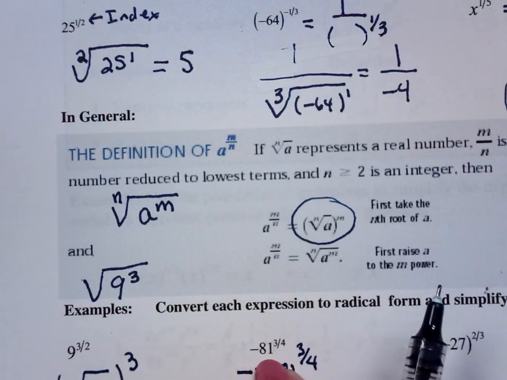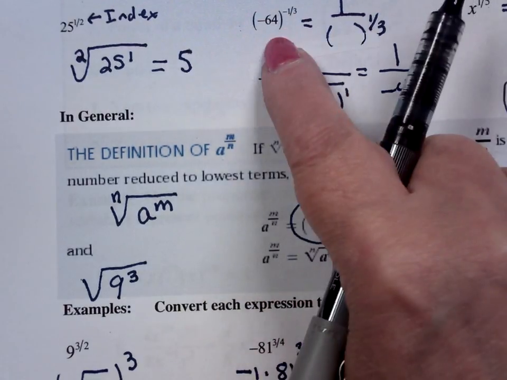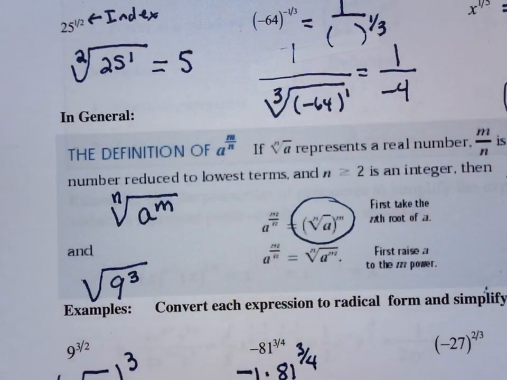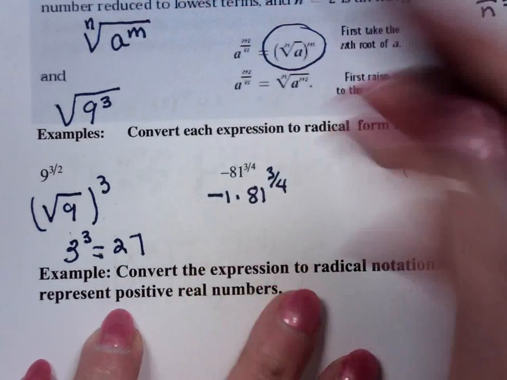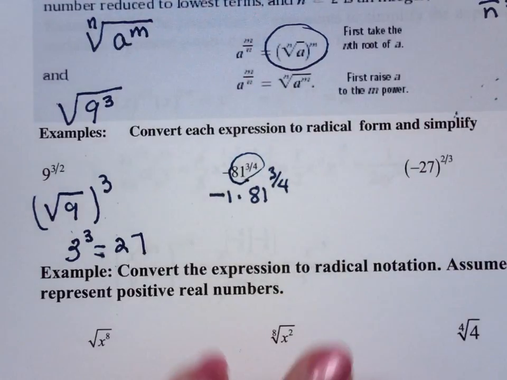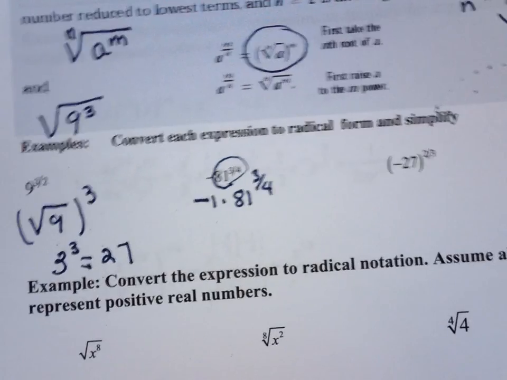This is not in parentheses, is it? The 64 is in parentheses, so the exponent is on the outside. That says the only thing being affected by the exponent is the 81. You're going to do it first, and then you're going to take the opposite of it. So it's -1 times 81.